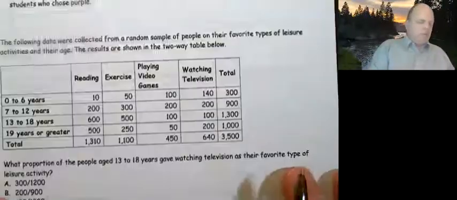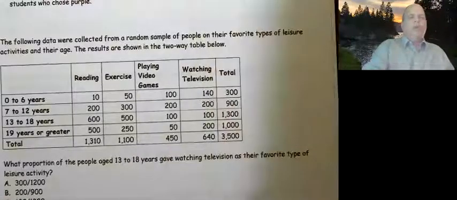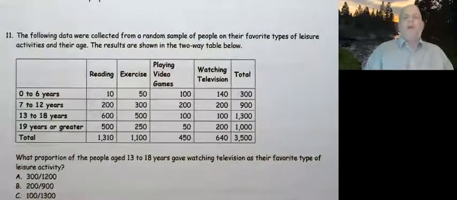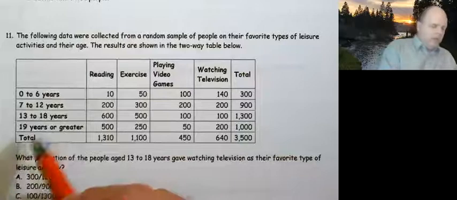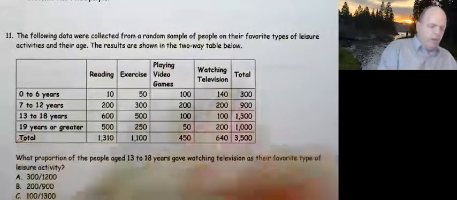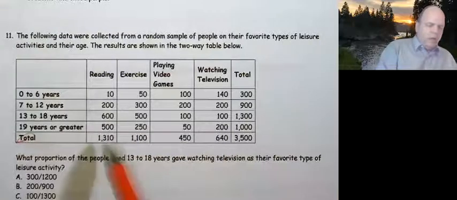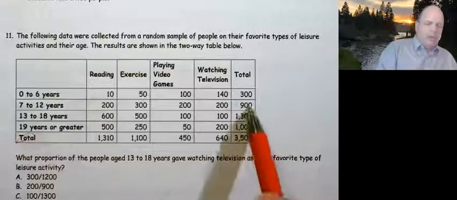Okay. So the following data were collected from a sample of people on their favorite types of leisure activity and their age. The results are shown in the two-way table below. Notice they did total these up. So we have column totals right here, and we have our row totals out here.